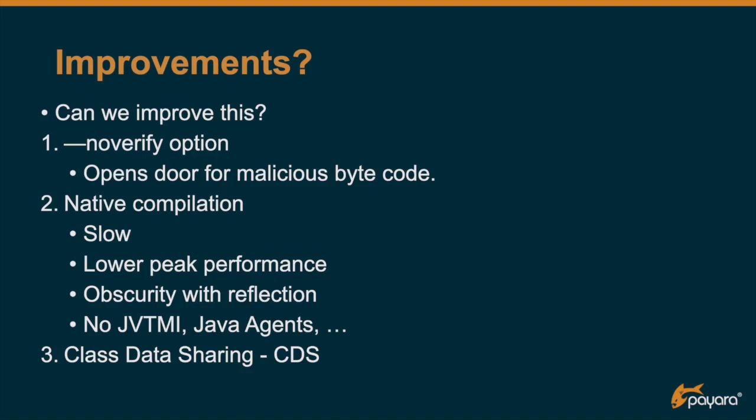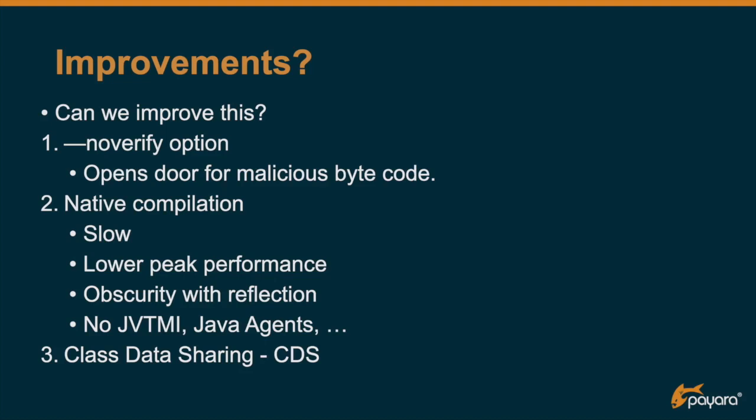There is also a lower peak performance, so when your application is running, then the native code is fixed, so it cannot be optimized anymore. And because Java has such a long tradition of those optimizations, the JIT compiler optimizations, at the end, after a few requests, the Java code is performing better than the native code which is generated.